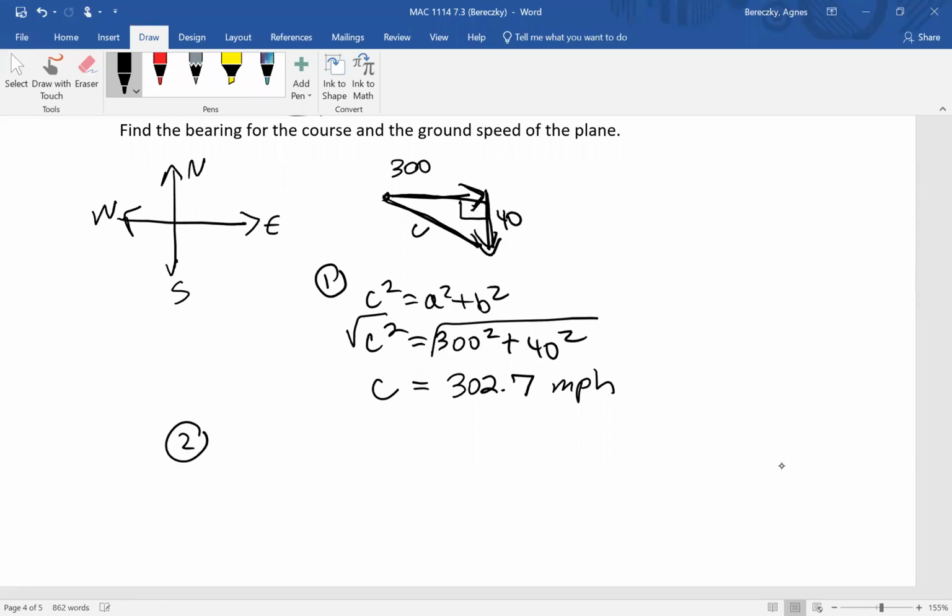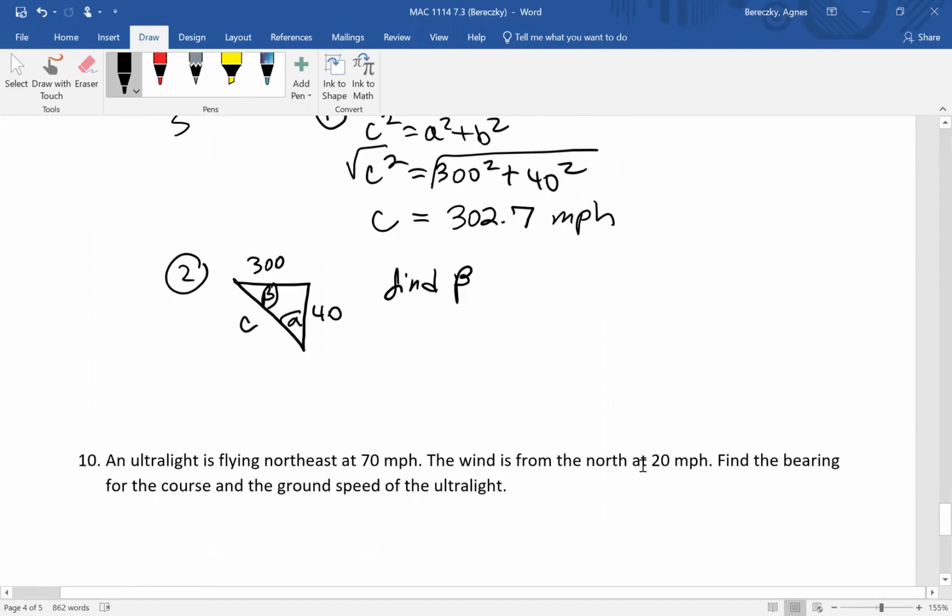For problem 2, we're gonna find, so I'm just gonna make this little triangle here. So this is 300, this is 40. So this is, let's say, we call this C. This is gonna be alpha and beta. So we will be looking for beta. So we can use, we have an opposite side and an adjacent side.